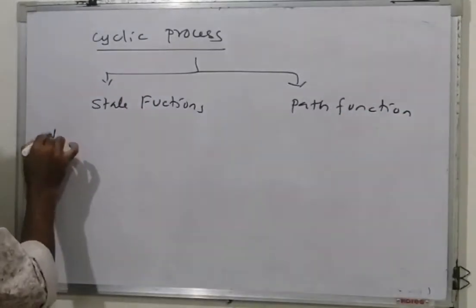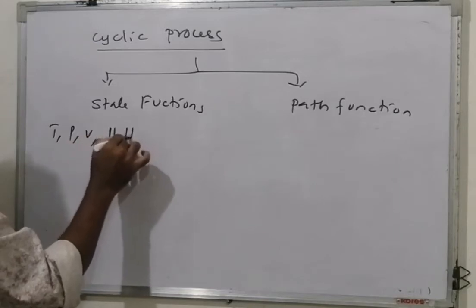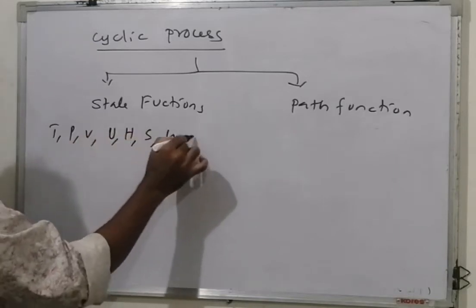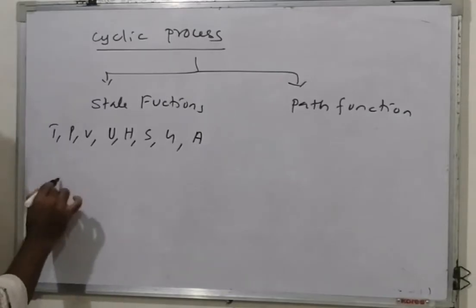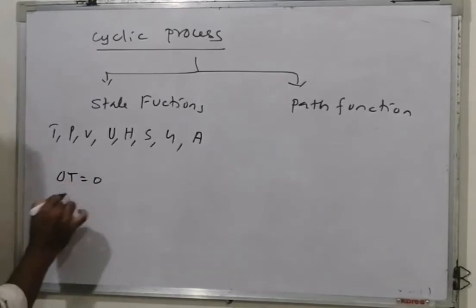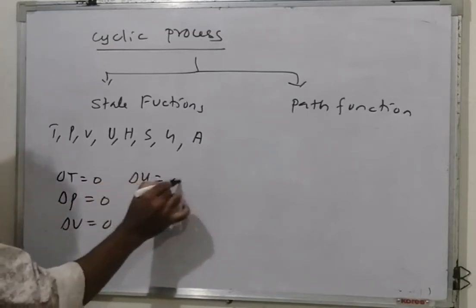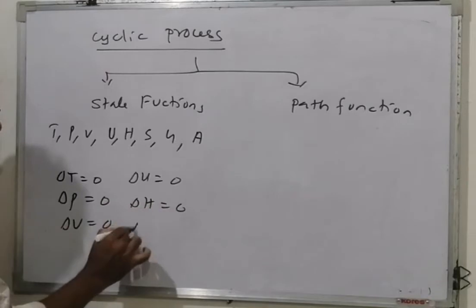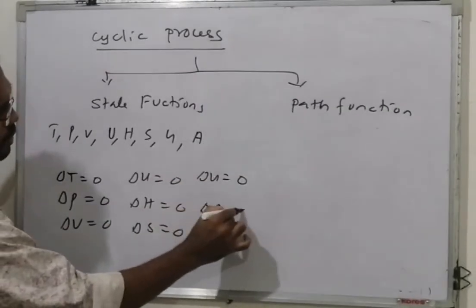State functions: temperature, pressure, volume, internal energy, enthalpy, entropy, free energy, Helmholtz free energy. All their changes are 0. Delta T is equal to 0, delta P is equal to 0, delta V is equal to 0, delta U is equal to 0, delta H is equal to 0, delta S is equal to 0, delta G is equal to 0, delta A is equal to 0.